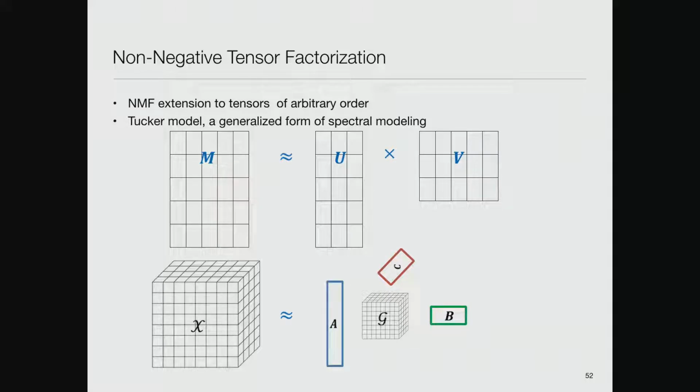And then what you do is the same game. You have matrices corresponding to each of the dimensions. And if you multiply this core tensor by each of these matrices, you reconstruct the original tensor. And you can train it again to minimize the reconstruction loss.